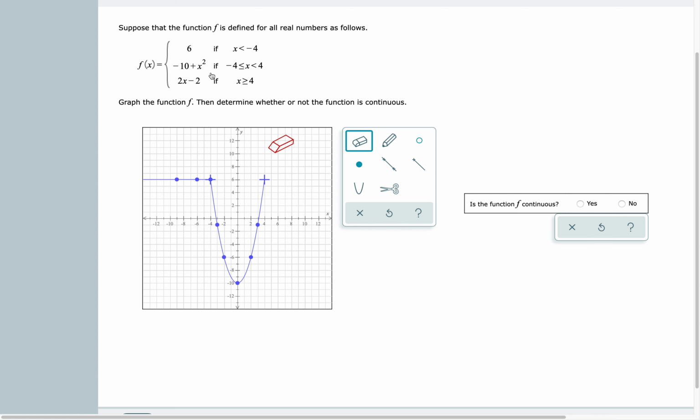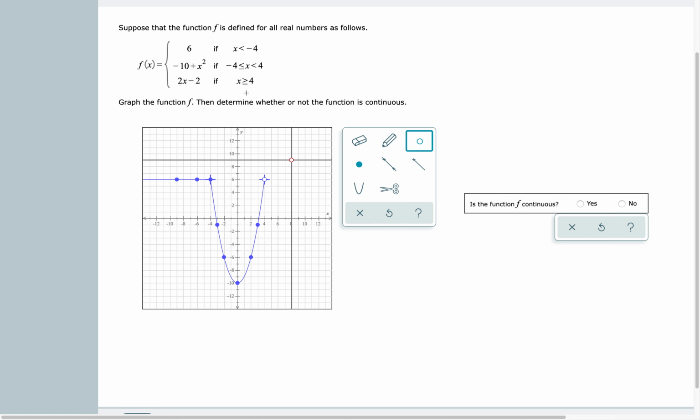And now at 4, 6, I'm going to have an open hole. Okay, so we try this again. So we have at 4, 6. Okay, so you have an open hole.